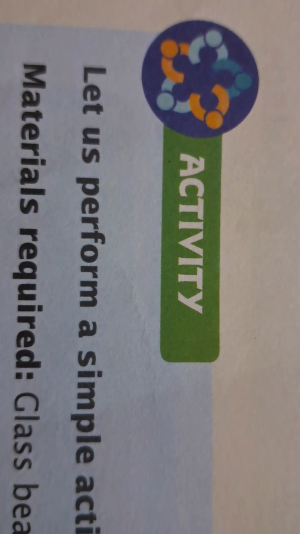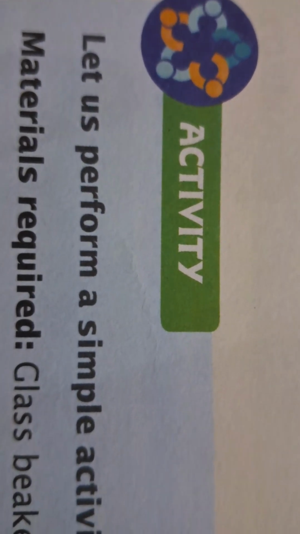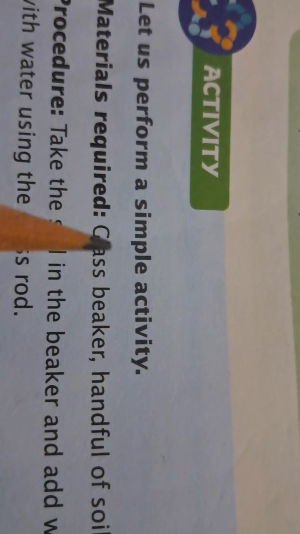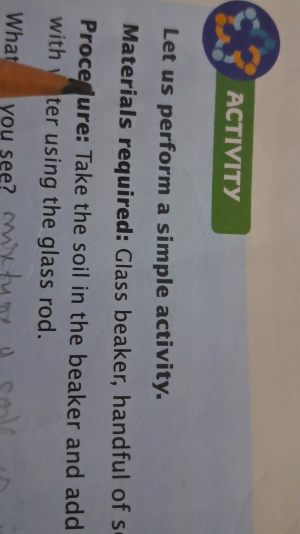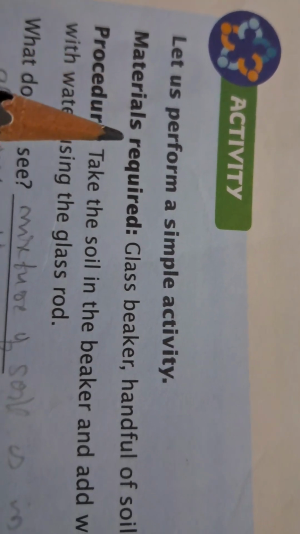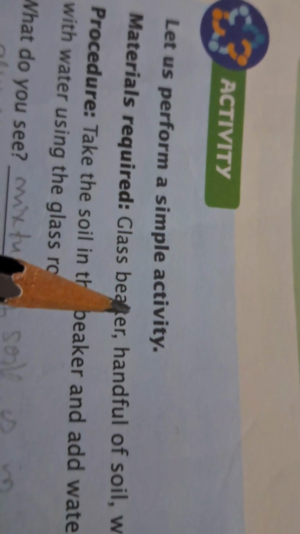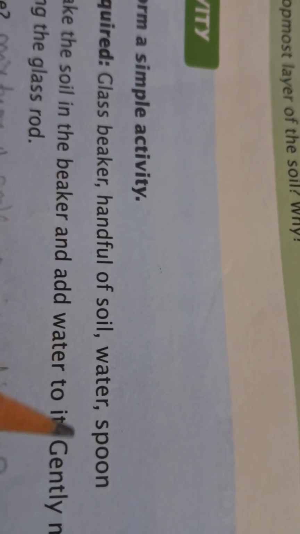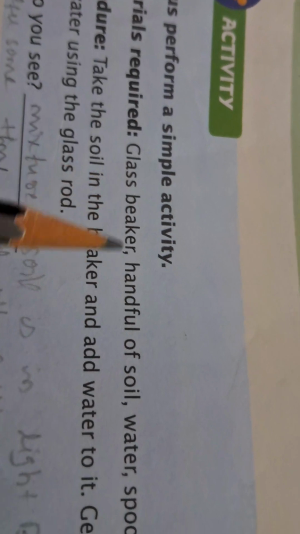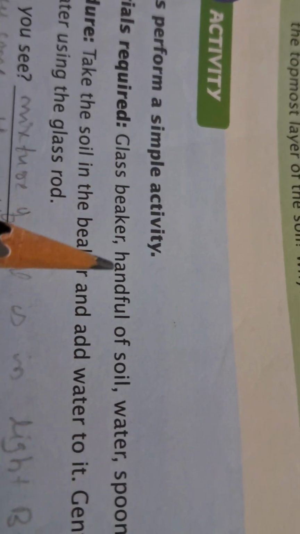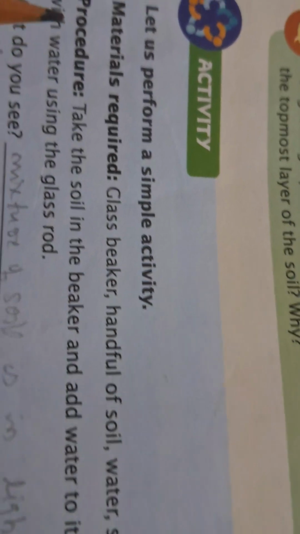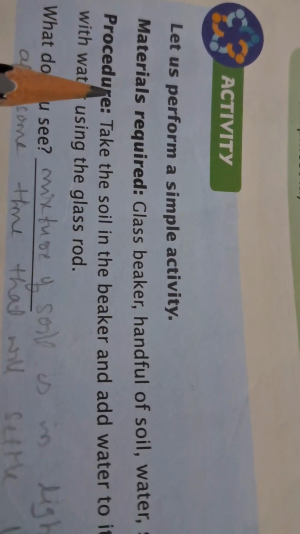Then here we have one activity. Let us perform a simple activity. Materials required for this activity are a glass beaker, a handful of soil, water, and a spoon. So we want these four materials. What is the procedure? Listen here.